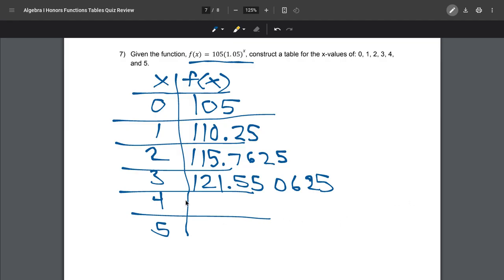Oh, all right, I'm going to round this number a bit. It goes on for quite a bit. Let's just call it 127.63. For my quiz tomorrow, if you want to go to 2 decimal places, that's fine. All right, times 1.05. And then we got 134.009, so I'm going to call it 134.01. Okay, and we're good with that one.